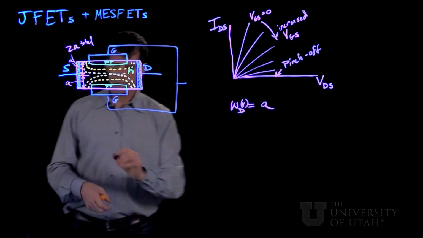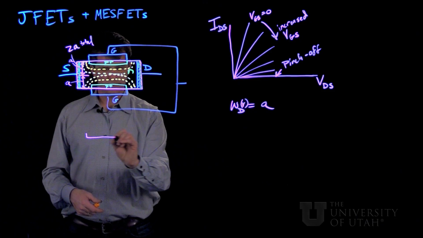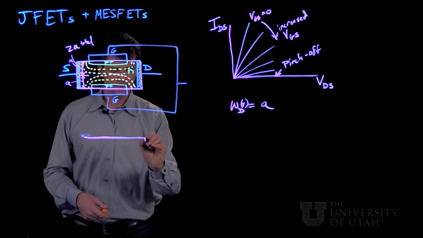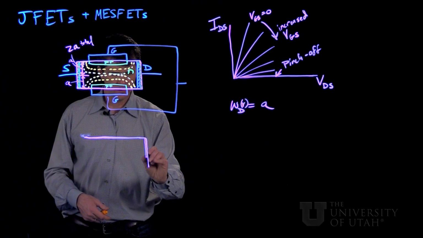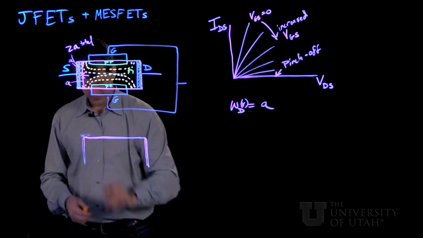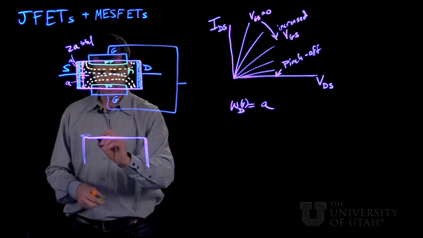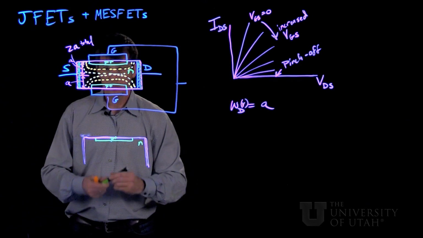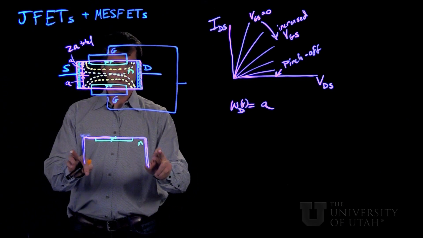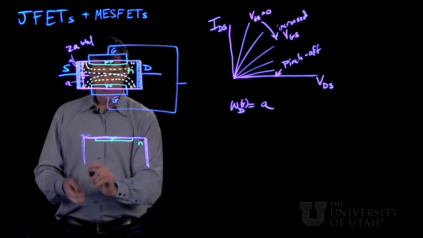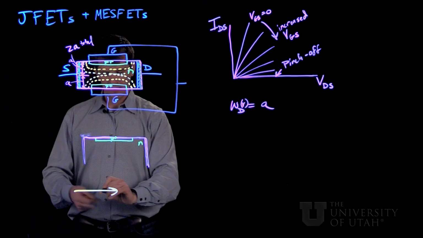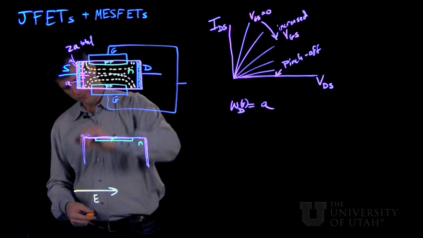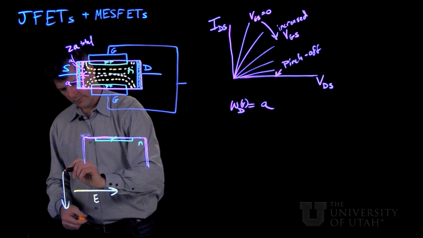But if we look a little more closely at the shape of the depletion widths, I'll just draw the top one for clarity. So here's our P plus region and our N here. If we apply a large source-drain voltage, we have the superposition of an electric field going in this direction, as well as the electric field in this direction from the gate.